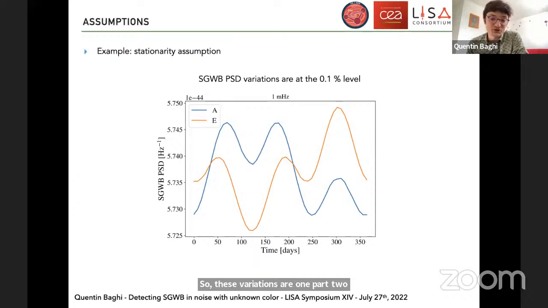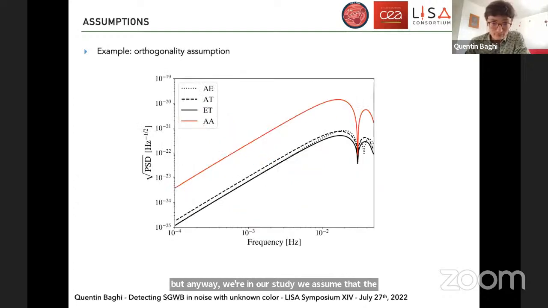So these are not a lot, and we've not tested that yet, but we don't think we can go beyond the 10% level for short time scales, so in terms of PSD estimation precision, but maybe that's possible. But anyway, in our study, we assume that the background is stationary.